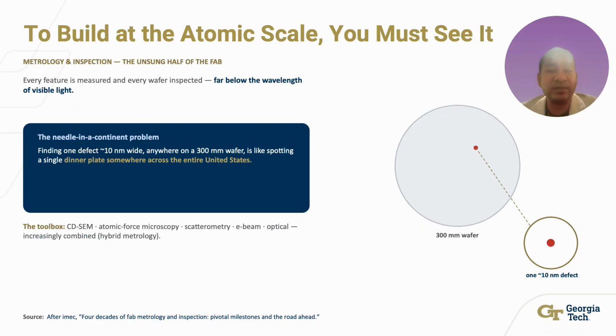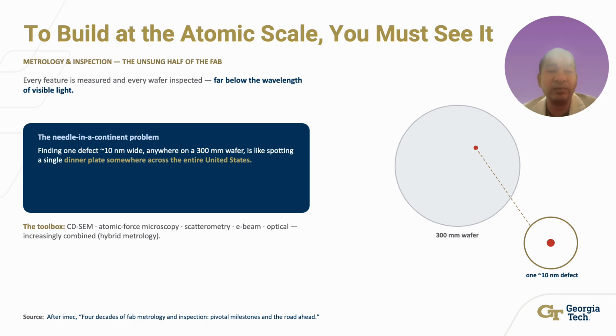Detecting a defect assumes you can see it in the first place, which brings us to measurement and inspection, the quiet and essential other half of the fab. You are measuring features far smaller than the wavelength of visible light. To give you a feel for it, finding a 110 nanometer defect anywhere on a 300 millimeter wafer is like spotting a single dinner plate somewhere across the entire United States, and the fab does it on every wafer.